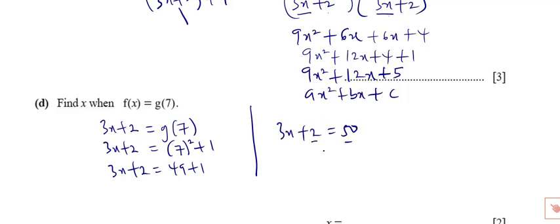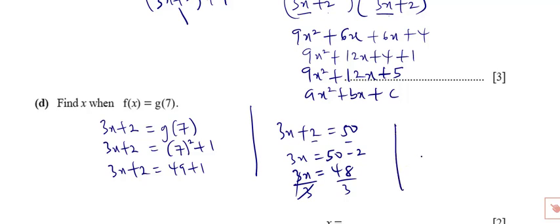Collecting like terms, we have 3x equals 50 minus 2. 3x equals 48. Okay. Divide both sides by 3. So we have our x to be 48 divided by 3. 3 in 4, 1 remaining 1, and 3 in 18, that's 6.